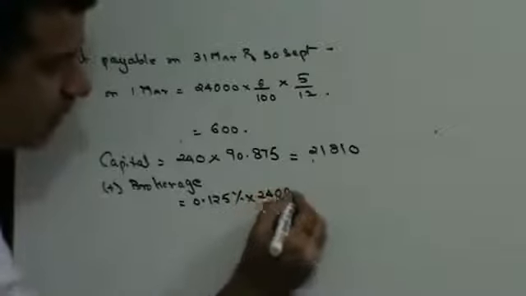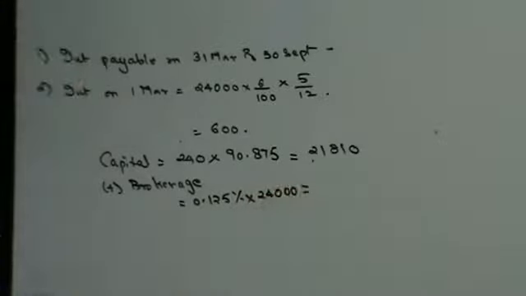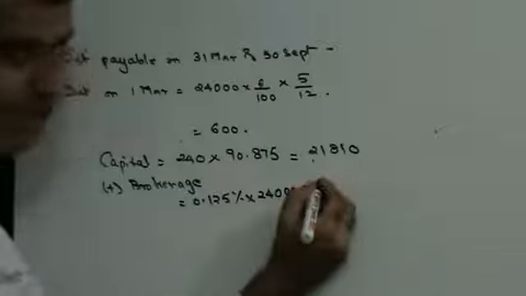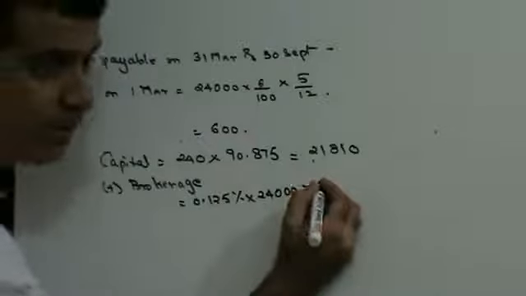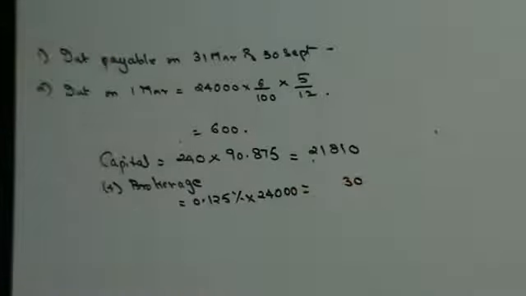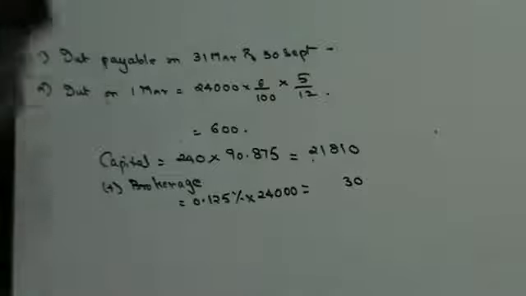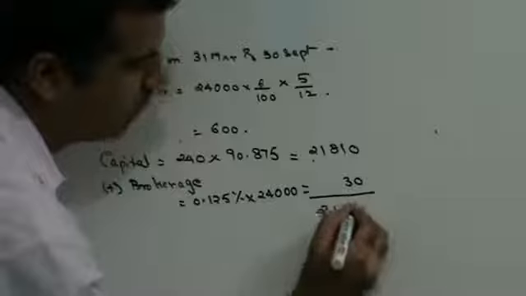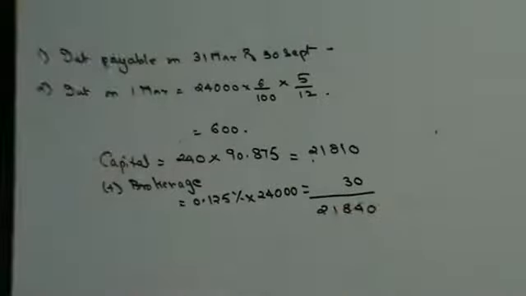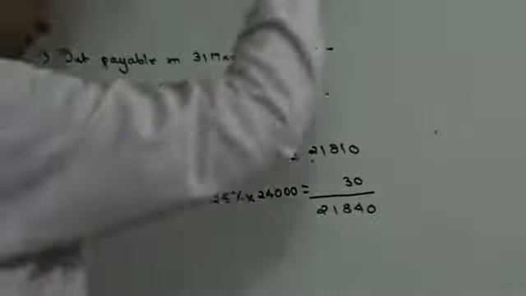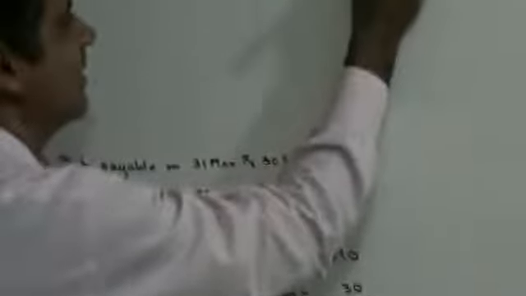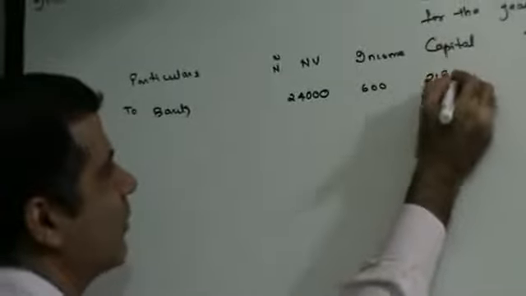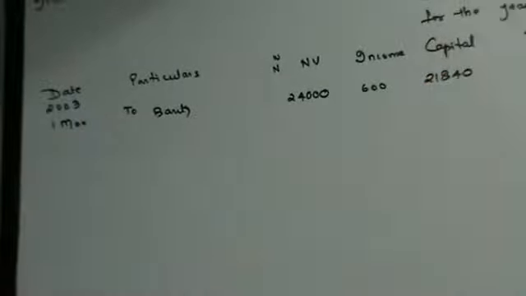Brokerage is calculated on the nominal value. That comes to 30 rupees. And this is ex-interest, so I don't need to deduct the interest. So this is going to be 21,840. Income is 600 and capital is 21,840. Do we get this?